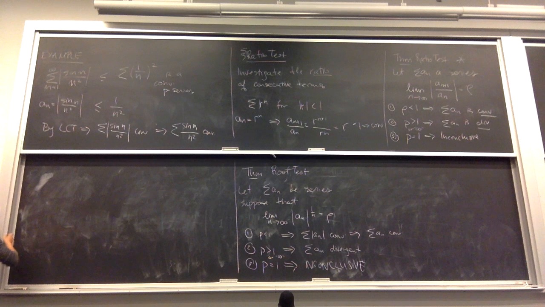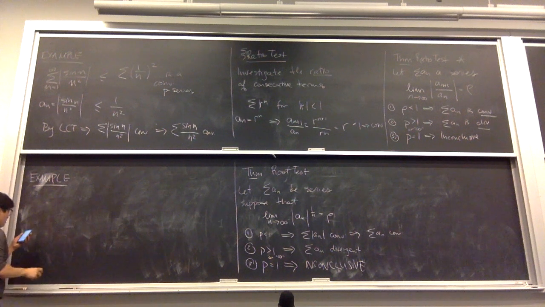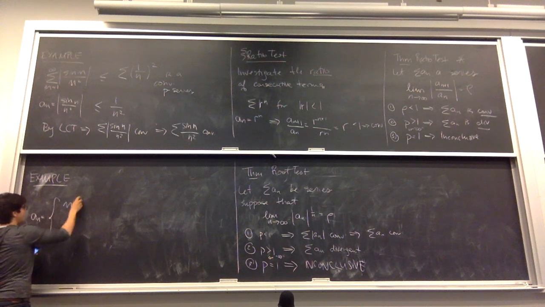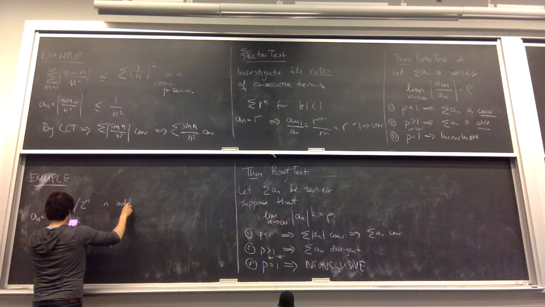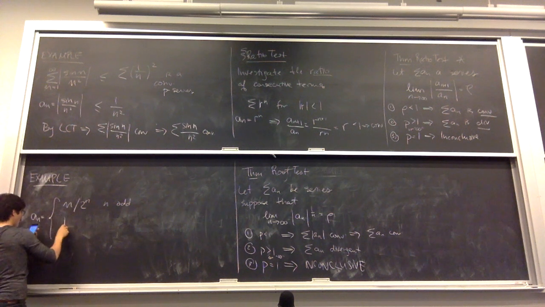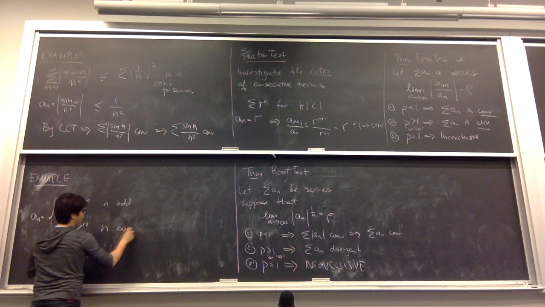Try this one. It's going to be a little bit tough, though. You're going to have to use a lot of your tools from earlier on in the class. So here's an nth term. It's given by n over 2^n for n odd, and 1 over 2^n for n even.